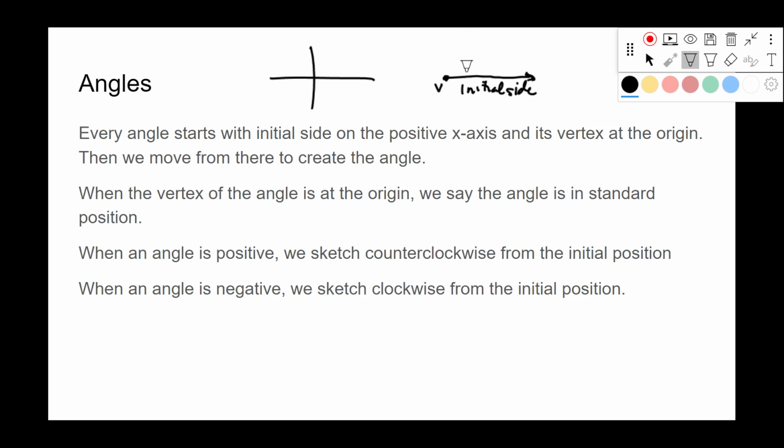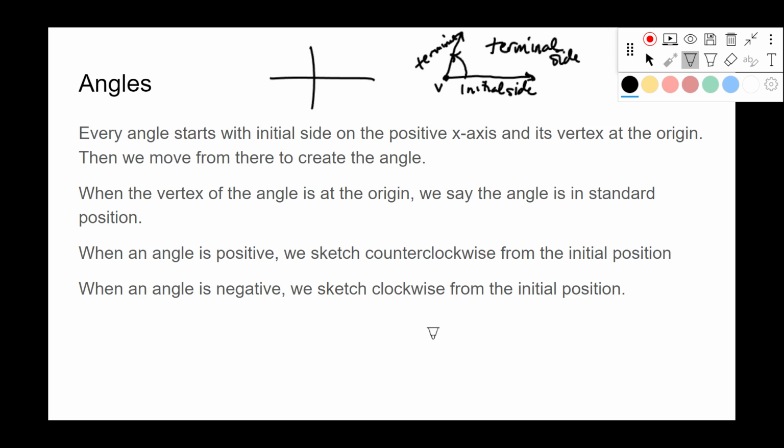So if from that initial position, we go counterclockwise, against the clock, this direction, and draw our other ray up here, this angle would have a positive measure. And this side is known as the terminal side. Let's write it a little bigger. It's the terminal side, the side where the angle terminates, ends.